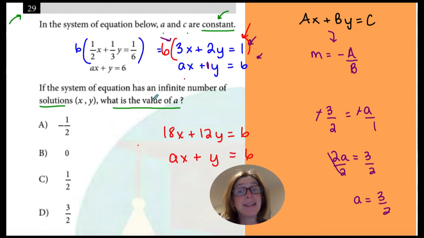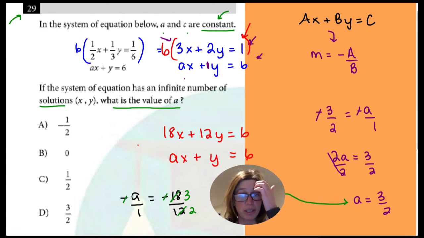All right, again, the slopes would have to be the same, but look what happens. Negative a over 1 equals negative 18 over 12. Well, negative 18 over 12 is 3 over 2, okay? So the negatives cancel, so a would be equal to 3 over 2. So either way, you're going to get this 3 over 2.